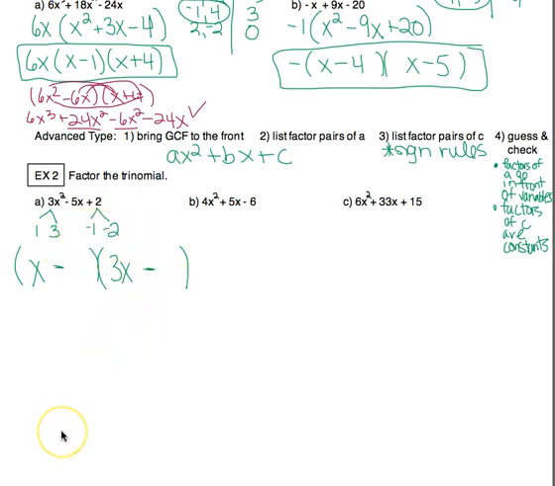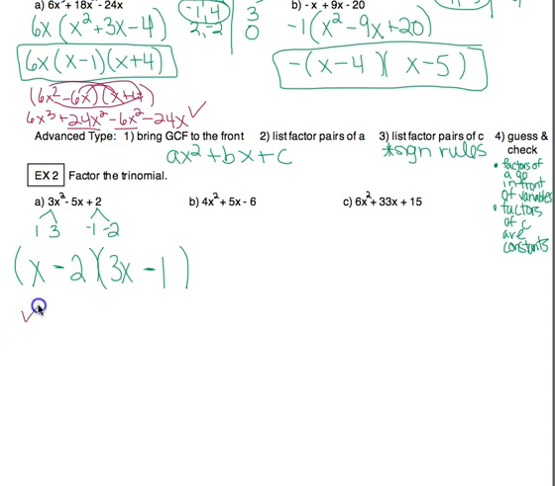Now, what we have to do is guess and check with that location, even though there's only one factor pair. If I do 2 here and 1 here, when I go to check it with my foiling, which remember you should be doing at least mentally, you don't have to write it out.